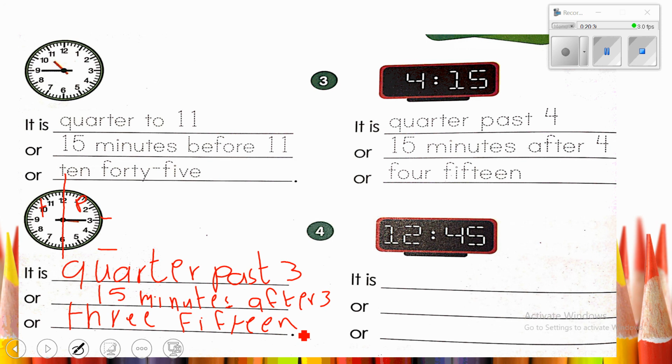Okay, let's see here. I have a 12 and 45. Where is the hour? Where are the minutes? I write H M. I write it the first way. How many hours? It's 12.